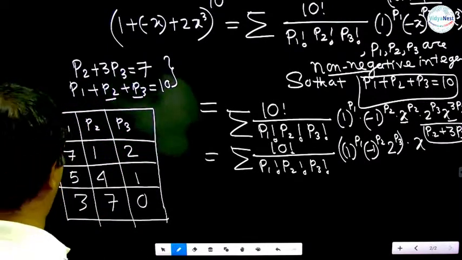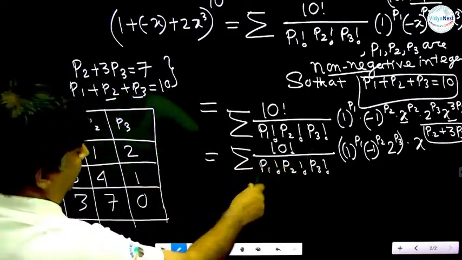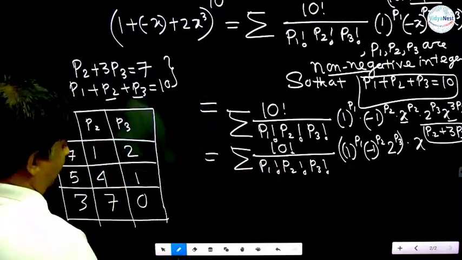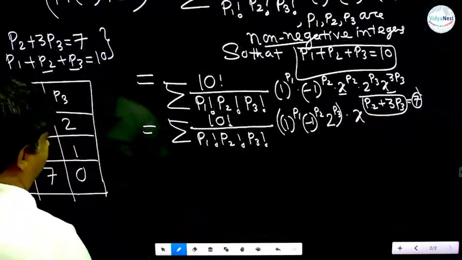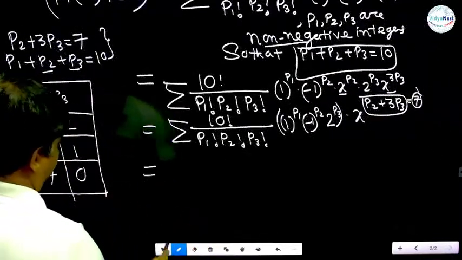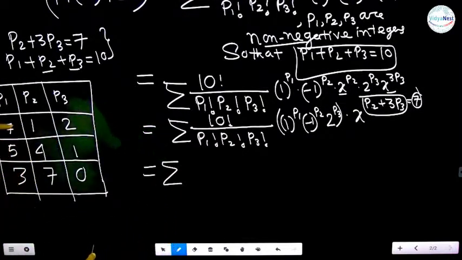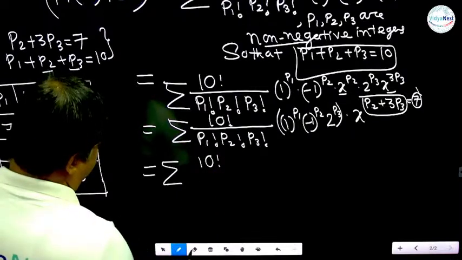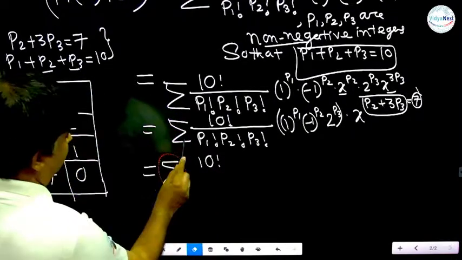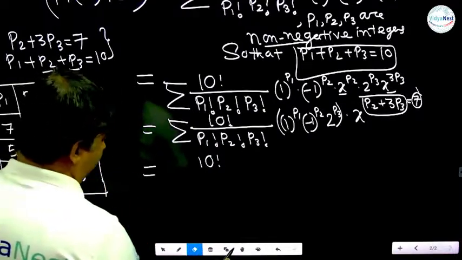So it is simpler than the previous sum. Let us put these values in that expansion and see the outcome. First, summation is not needed because I will write plus plus plus.